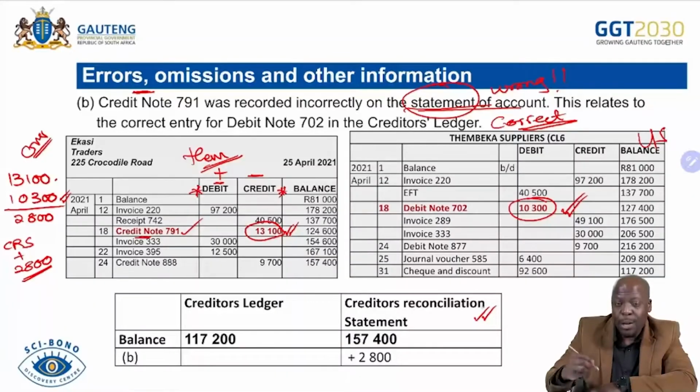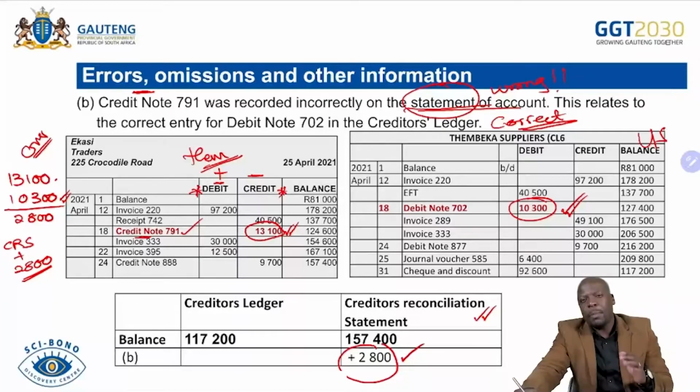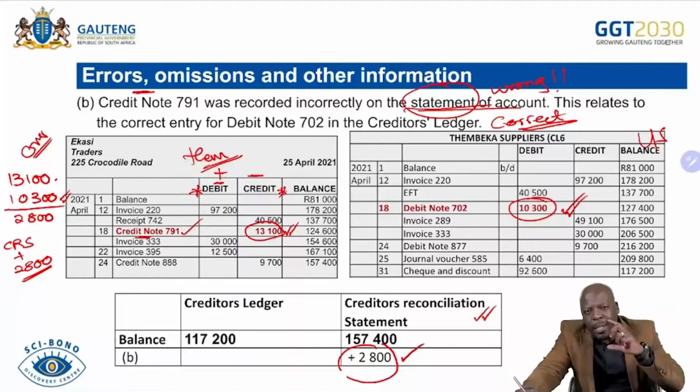What did they do? They overstated a credit note. I corrected by adding 2,800. There it is. You add your 2,800. So the aspect has to be to discover the type of error they've made, and then how best you can correct it. It's as simple as that.